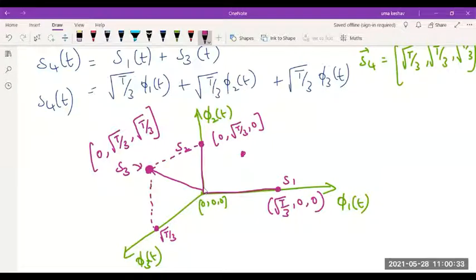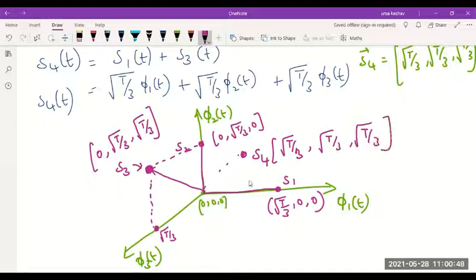If I just consider a projection something like this, you imagine the three-dimensional axis and I can show S4 here. S4 has the coordinate root t by 3, root t by 3, root t by 3. It has phi 1, phi 2, phi 3 all considered. So ideally speaking, it is a point in space which comes in the center of all the three axes. I can't show it as a two-dimensional figure. I just have to show a projection. So I'll just show S4 as a point here.